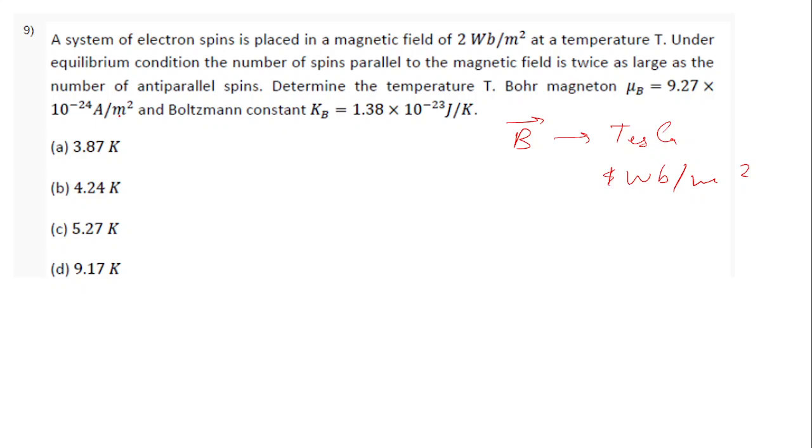So it's the same. So this is the magnetic field given at temperature T under equilibrium condition. The number of spins parallel to magnetic field is twice as large as number of anti-parallel spins. The number of parallel spins is double the number of anti-parallel spins.